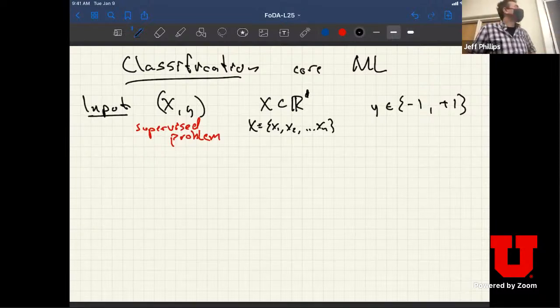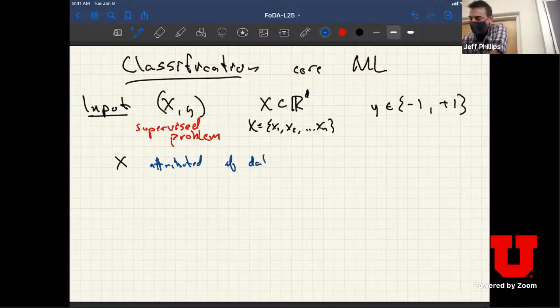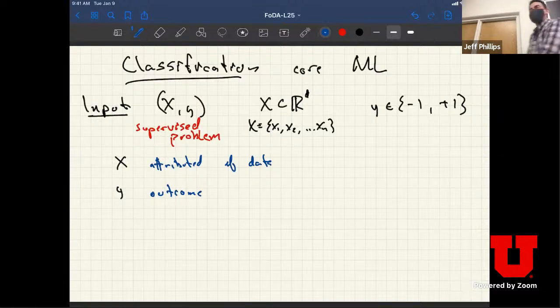Okay, so the idea is that X is the attributes of some data, and Y is the outcome, right? So in regression we had something similar, but the outcome was a value. This is discrete.